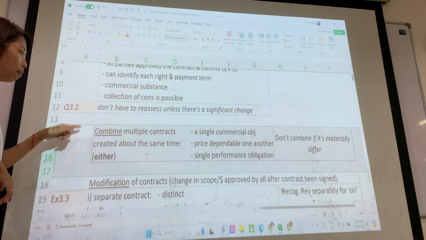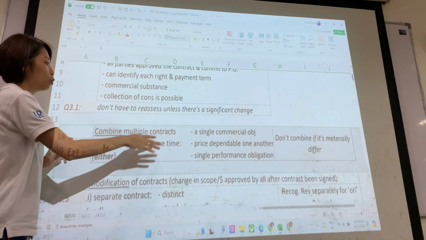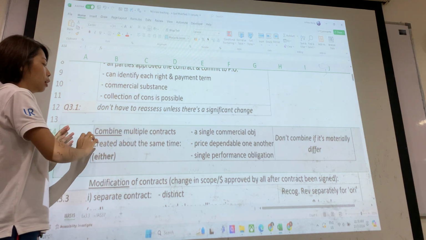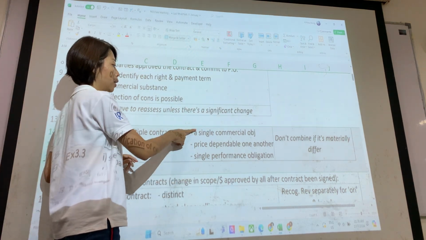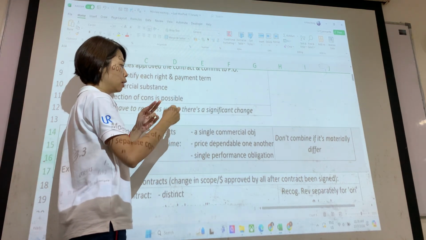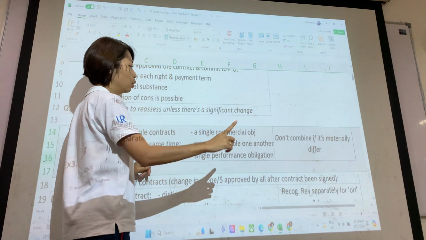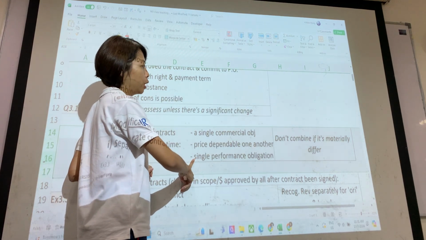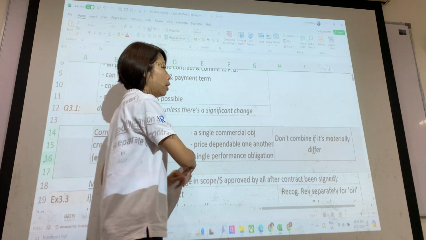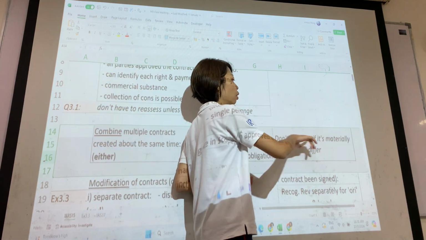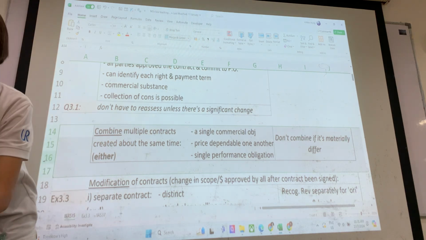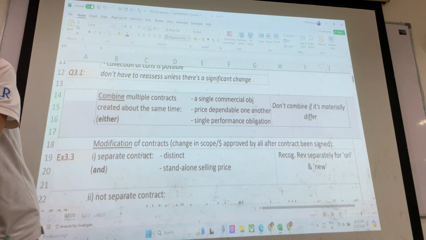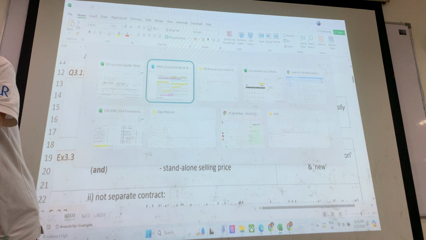So we can combine if we have about 2-3 contracts created at the same time, either achieving a single objective, or they are interdependent, or there is only one single performance obligation. But if it is materially different, then we don't combine. This one is another block. So this is called combination of multiple contracts.